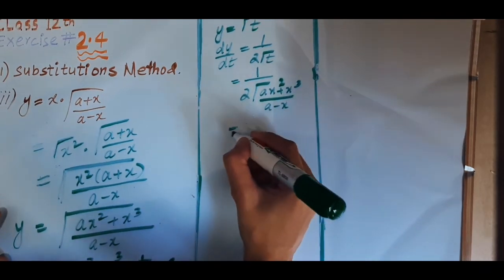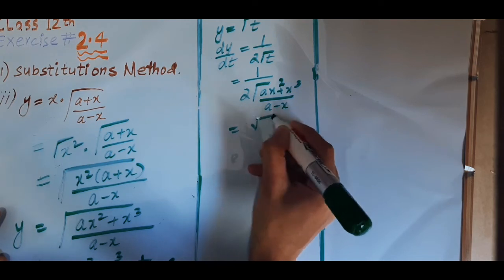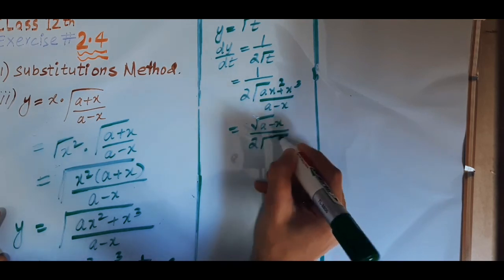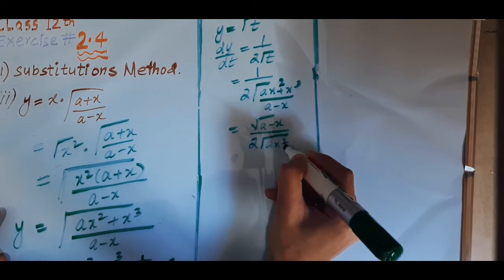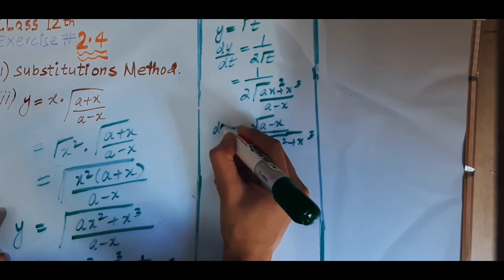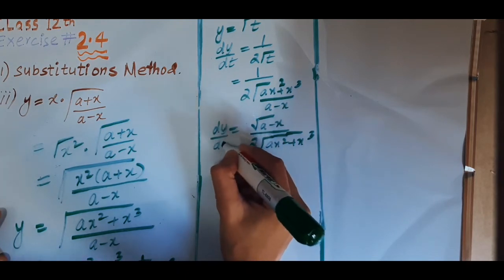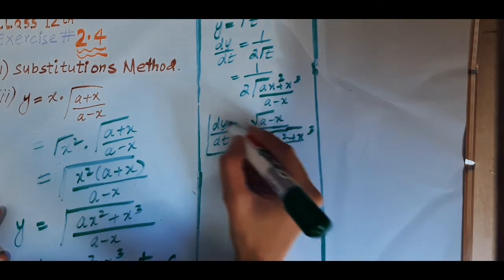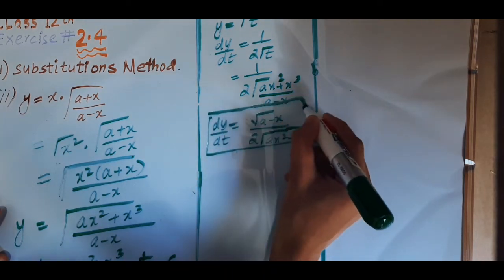Now solving it, it will be like this: under root a minus x divided by 2 root ax square plus x cube. So we get dy over dt.